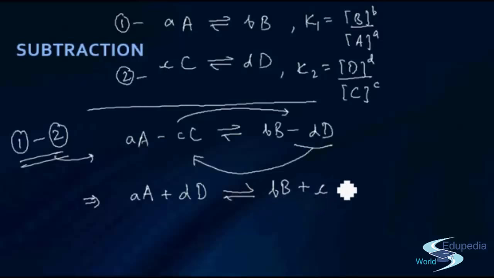And see that the resultant chemical reaction is also balanced, with stoichiometric coefficients small a, small d, small b, small c. That is, the respective stoichiometric coefficients haven't changed.